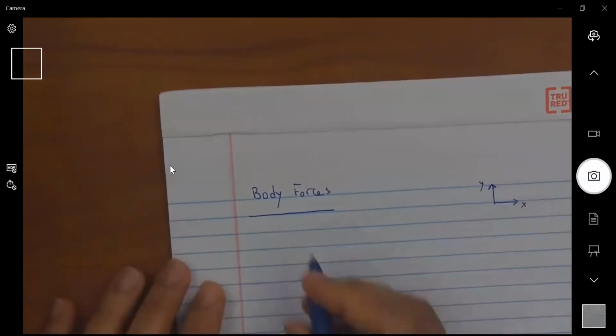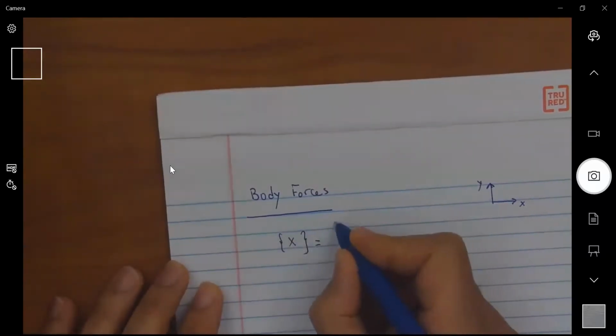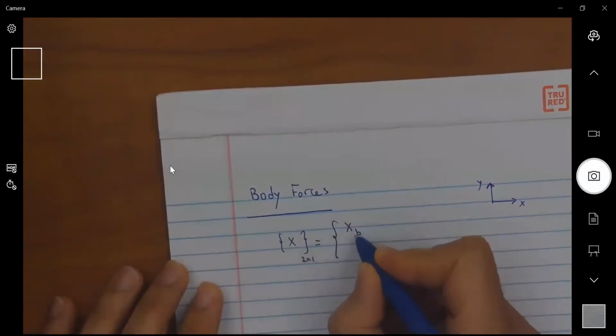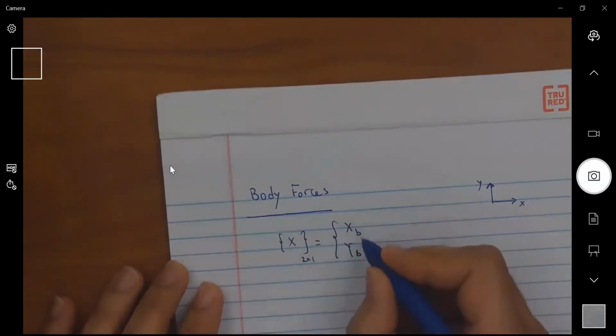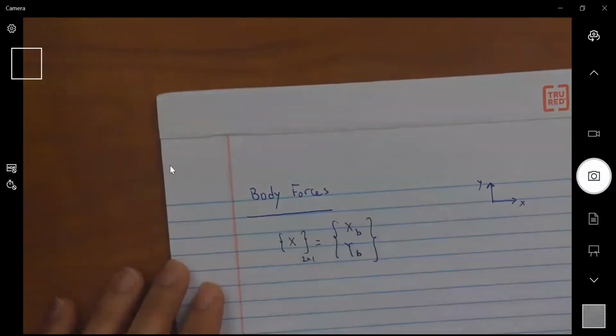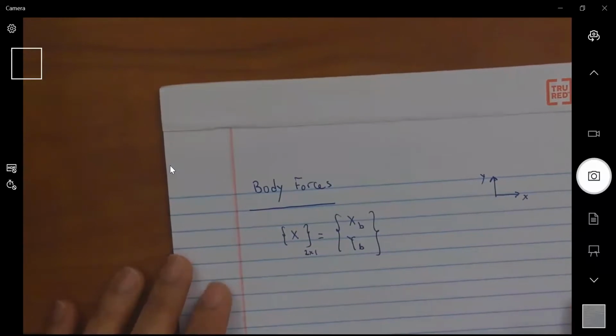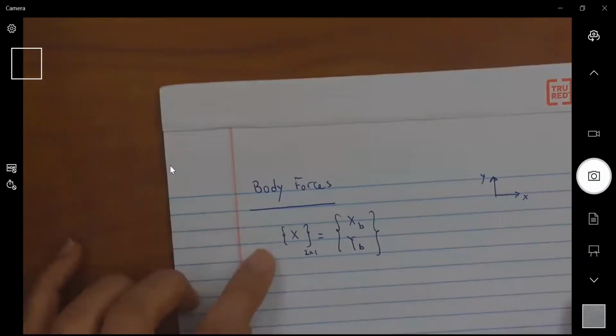The body forces may be expressed by uppercase X, a 2x1 vector with XB and YB. Our goal here is to find equivalent nodal forces as a result of body forces.